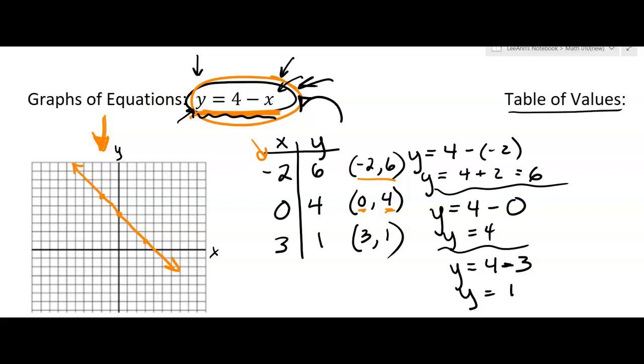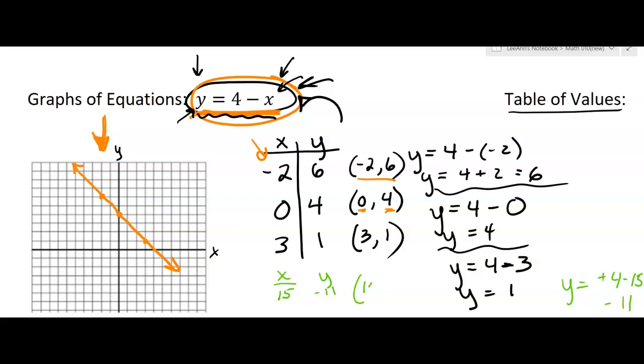I mean, let's say you wanted to have x be 15. Okay, so I put an x there. Say you wanted it to be 15. What would y be? Well, y would be 4 minus 15, or negative 11, right?